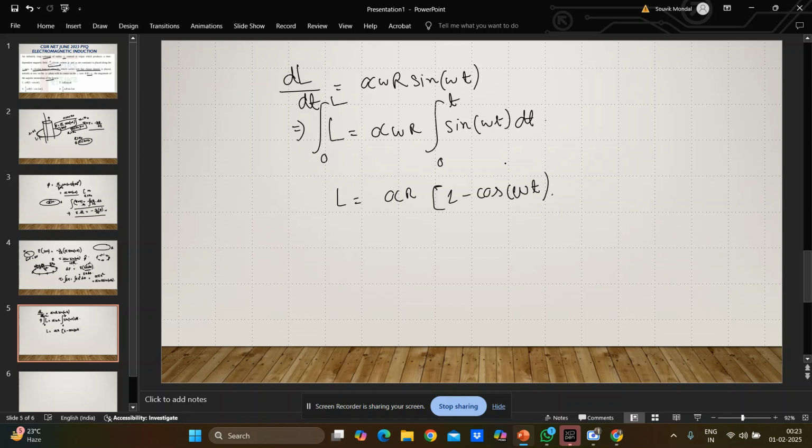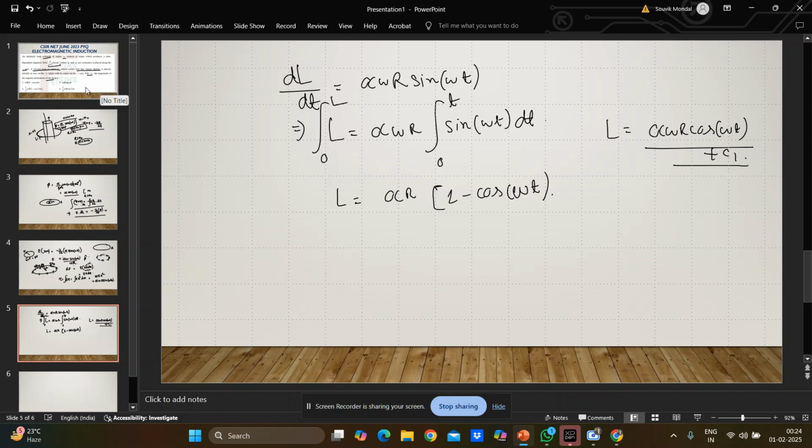But suppose you don't do this definite integration from 0 to t, then you will simply get alpha omega r cos omega t plus some undetermined constant. So this is your answer.